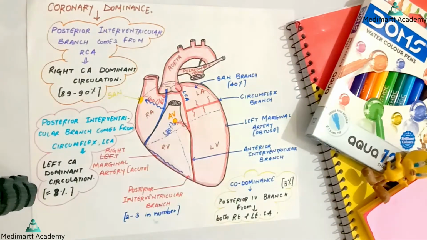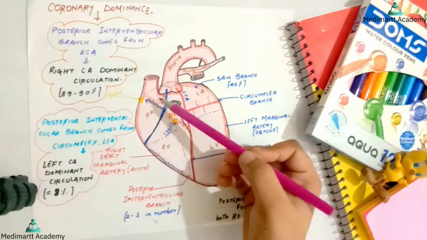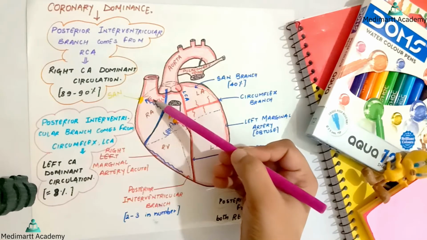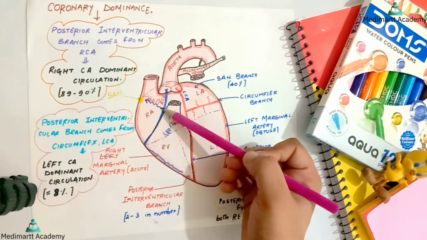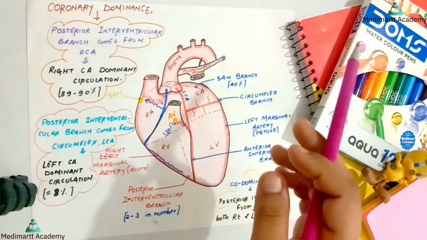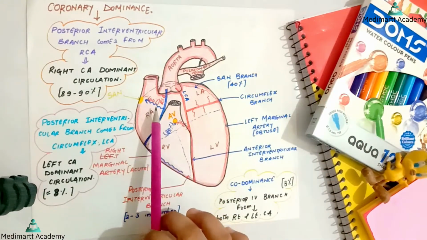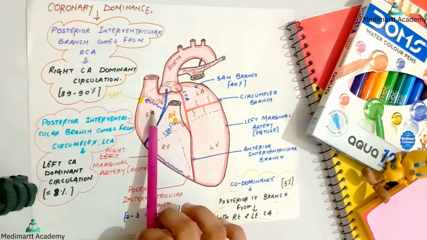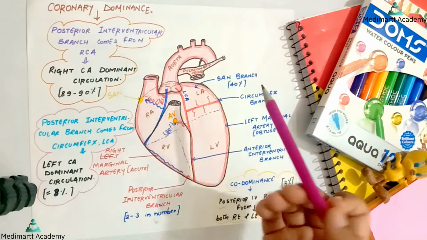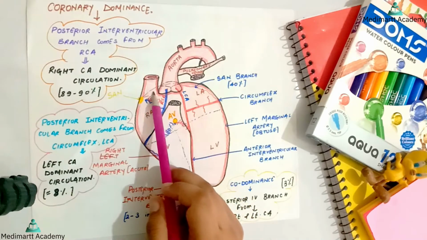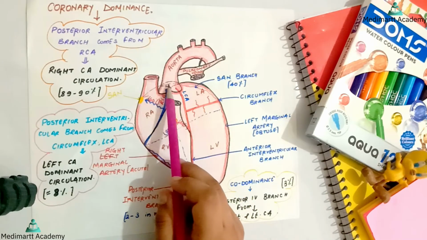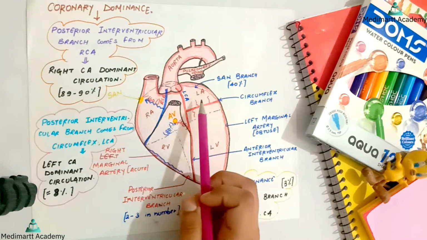One thing you would like to know is that this sinoatrial nodal artery, in 60% cases, is a branch of the right coronary artery, and in 40% cases it is a branch of the left coronary artery. I have drawn a very light red mark over here; this is the branch of the left coronary artery.